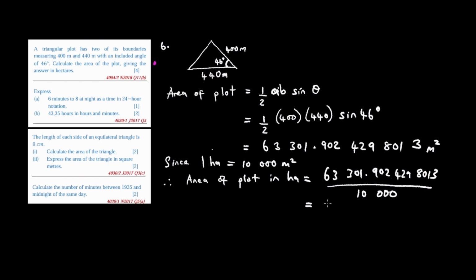The answer I'm getting is 6.33 hectares to 3 significant figures. That's the answer I'm getting. That shouldn't be difficult. Just be sure to get the area right on your calculator, and know how to convert to hectares. Since it's in square meters, it's easier. Okay, so we have done question number 6.